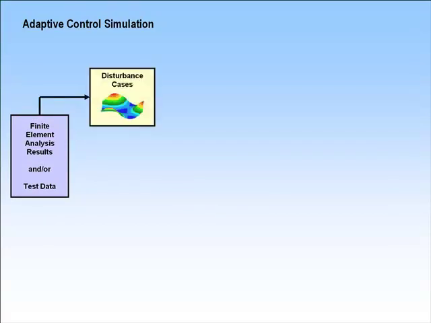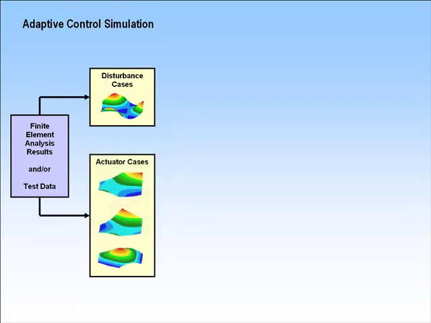Either finite element analysis results, test data, or both may be used to represent disturbance cases of an optical system, such as the effects due to gravity reorientation or thermoelasticity. The same sources may also be used to represent the influence functions of each actuator in a set of actuator cases.